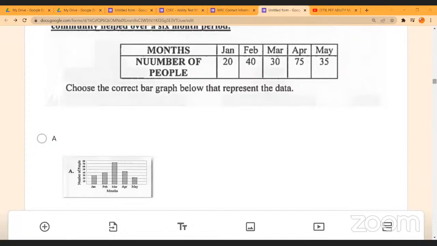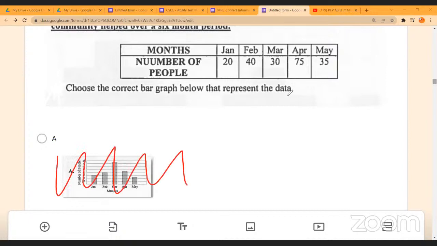It's not A because March has only 30 people. April should actually be the highest one here, because April has 75. March should not be the highest one because it only has 30 people. So A could not be the answer.